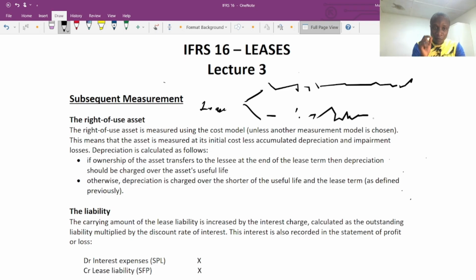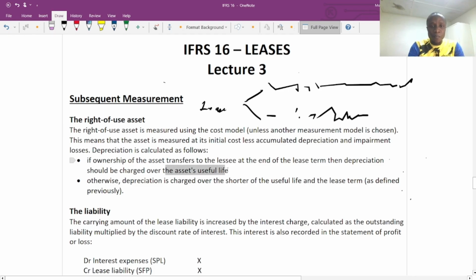First rule: if the ownership of the asset is transferred to the lessee, if at the end of the lease term the leased asset will be transferred to the lessee, then we need to depreciate the asset over the useful life of the asset. You need to note this point down.